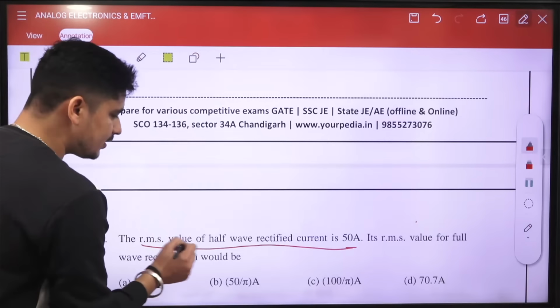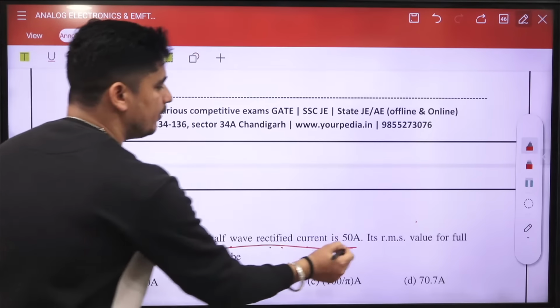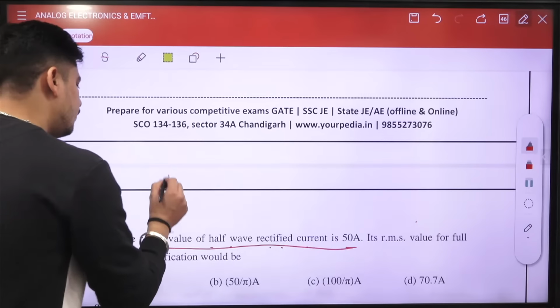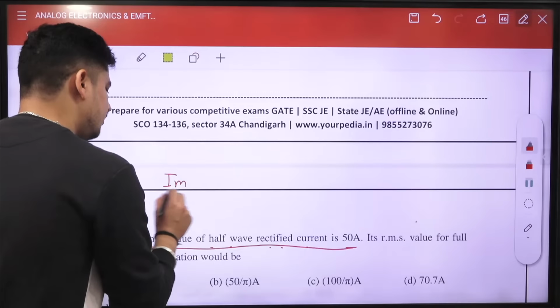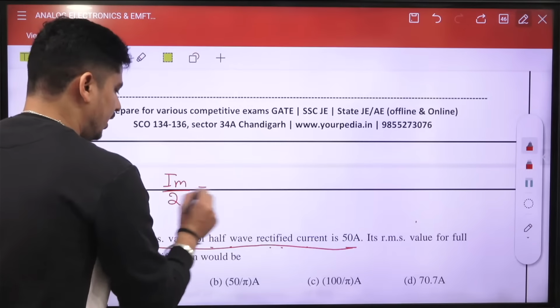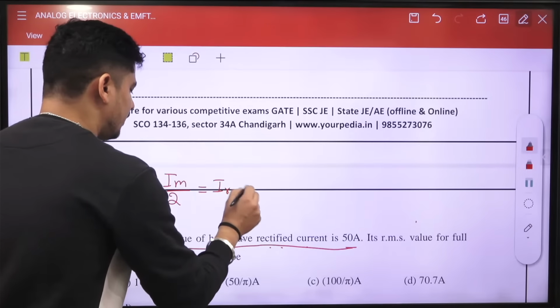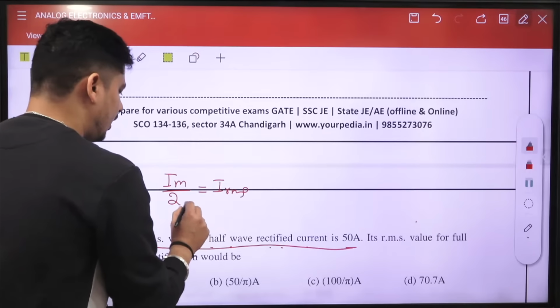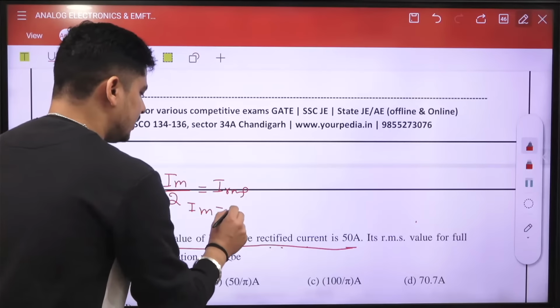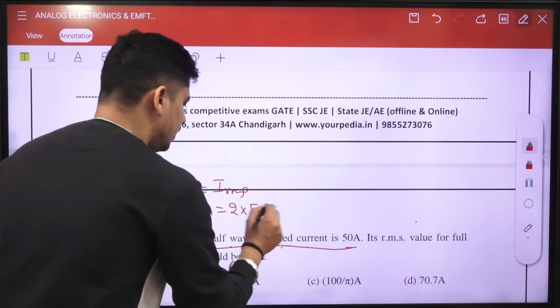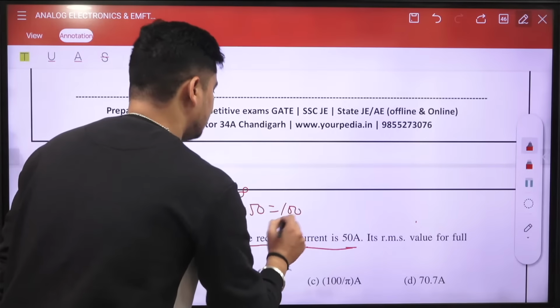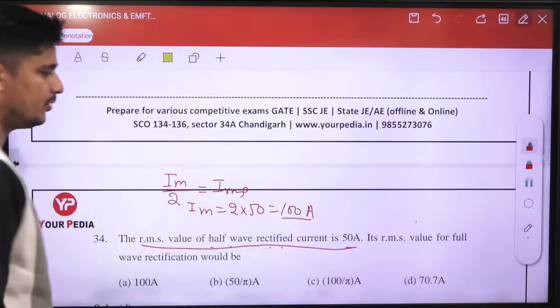So this is the RMS value of a half wave rectifier. The RMS value for a half wave rectifier is Im by 2. So Im from here we get 2 times 50, which means you have 100 amp or milliamp.